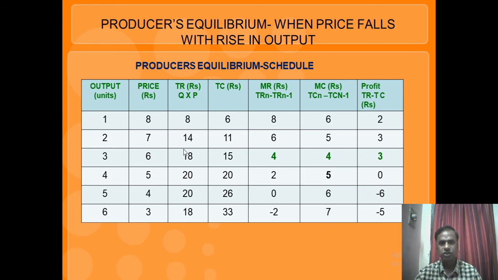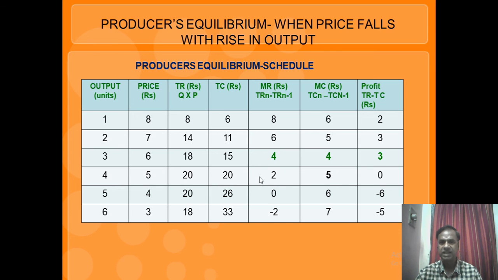You see here, when the price falls, in this situation, again the producer will be in equilibrium where MR is equal to MC. MR is also 4, MC is also 4. And after MR is equal to MC, MC is greater than MR. MC is 5, MR is 2.